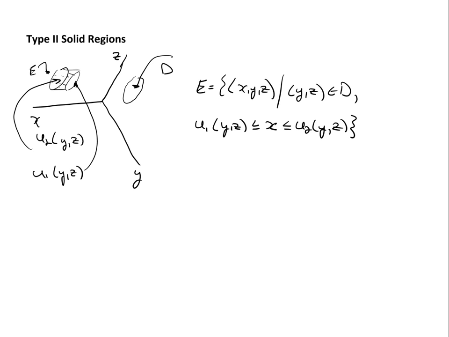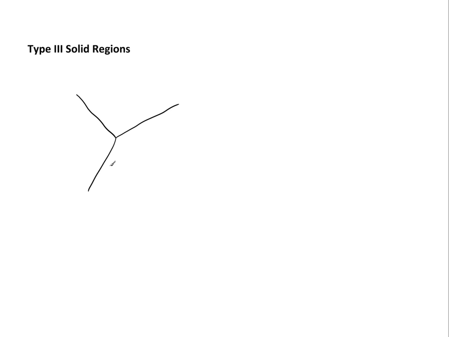Now this last region, again, all I'm going to do is rotate this thing. So let's see if I can draw this. If I make this z, y, x. So I'm going to have this thing up here.